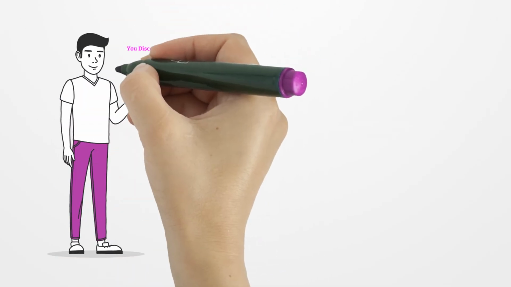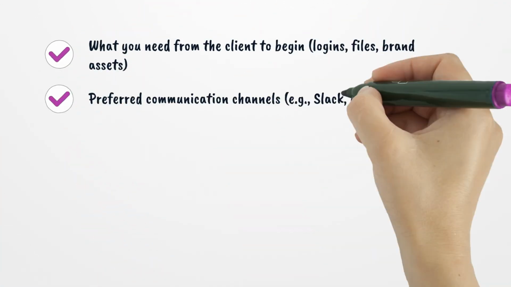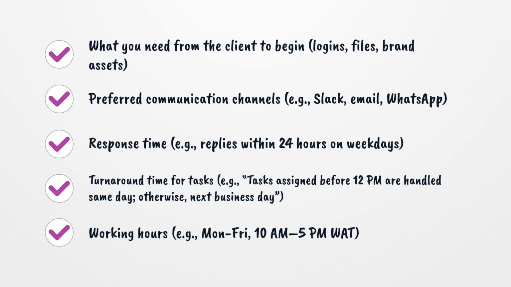2. Expectation and Communication Guide, Welcome Packet. This is a client-facing PDF or email that clearly outlines what you need from the client to begin: logins, files, brand assets. Preferred communication channels, e.g., Slack, email, WhatsApp. Response time, e.g., replies within 24 hours on weekdays.